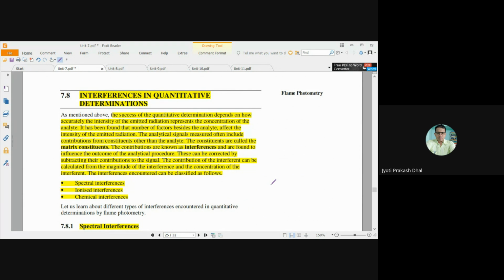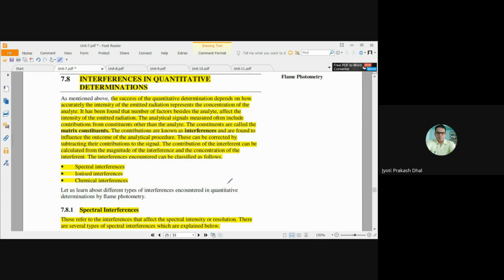And now, interferences in quantitative determination. The success of quantitative determination depends on how accurately the intensity of the emitted radiation represents the concentration of the analyte. It has been found that a number of factors besides the analyte affect the intensity of the emitted radiation.